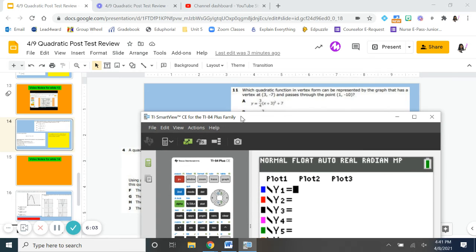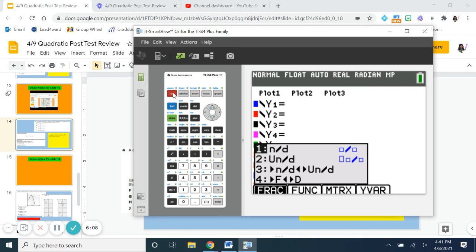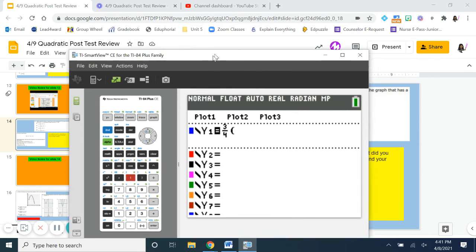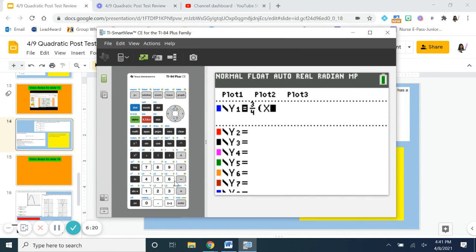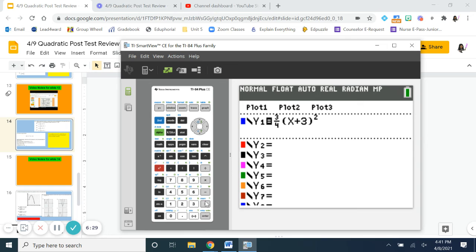Let's just start with A. So y equals, and then your fraction is alpha, y equals, the first option's already highlighted. I'm going to put 3 over 4, and then I had a parenthesis there, and it was x plus 3 inside, so x plus 3, close it. And then it's to the power of 2. I think that was plus 7. Yeah, that's plus 7. Okay.